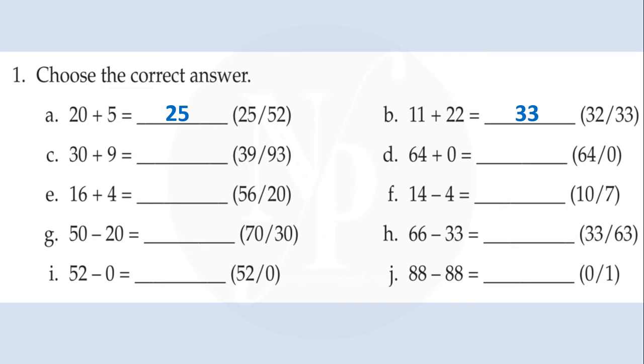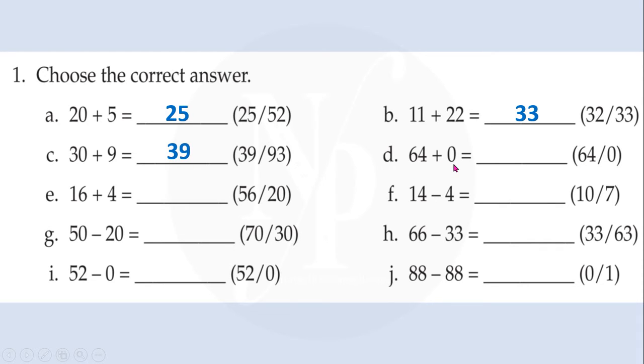You can write these numbers alongside on a paper and you can check whether these answers are correct. C. 30 plus 9. 30 plus 9 is 39. You should write 39 here.